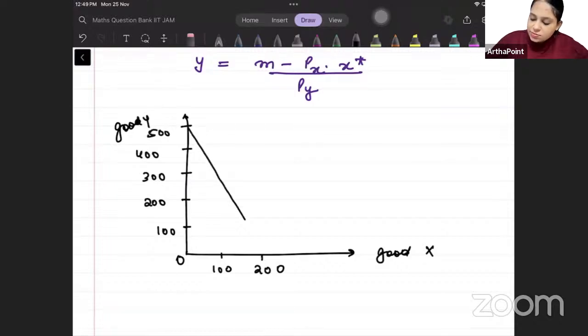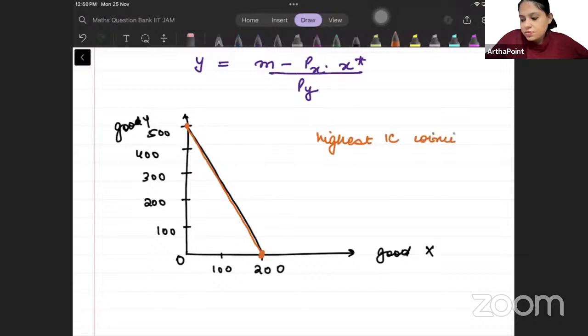This is your budget line. And your equilibrium points are all points, this also and this also. So you can say that the highest indifference curve will coincide with the budget line.